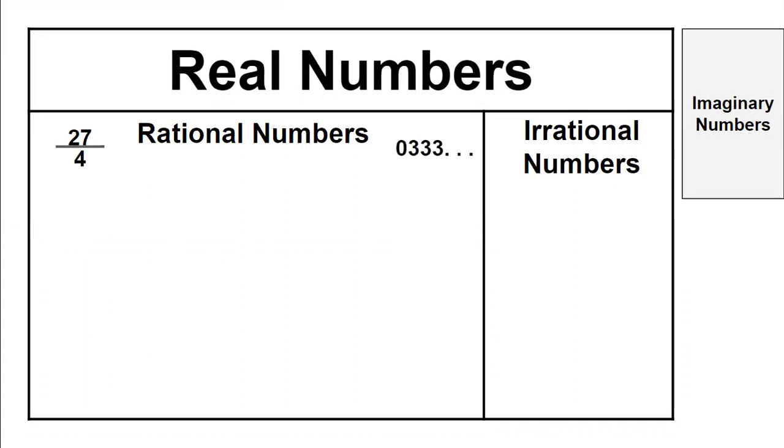That should be 0.333. There should be a point there. That is a rational number because it can be written as a fraction, right? It's a repeating 3, so it can be written as 3 over 9, a fraction. 4.5 is a rational number because it's between 4 and 5 on the number line.